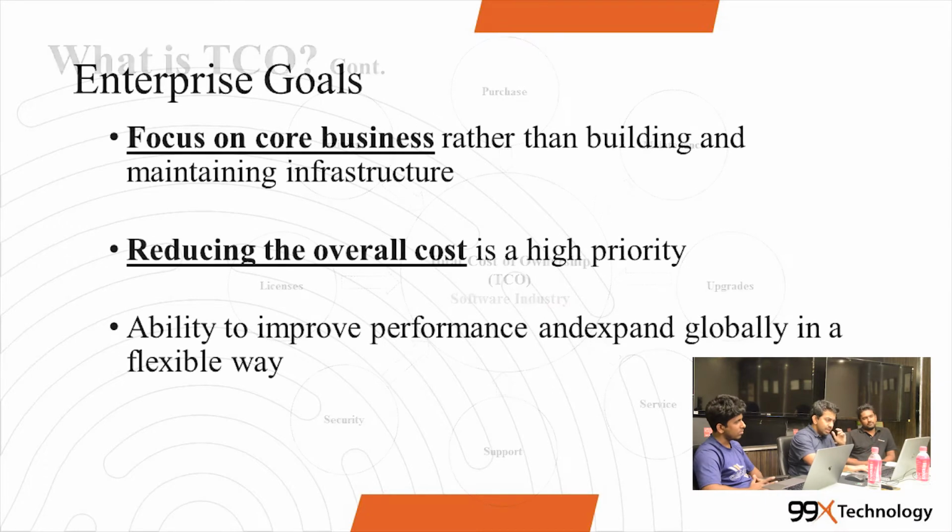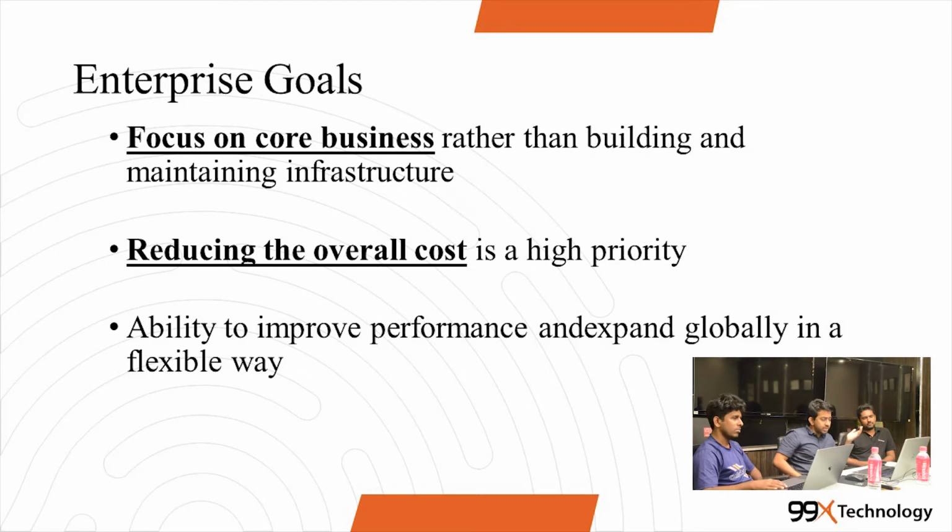So basically, when it comes to an enterprise, whatever the enterprise, a private enterprise, the main goal for a particular enterprise or business is that they have to focus on their core business, and they have to make some profit out of that. So when it comes to the software world, there's this trend of people moving into the cloud and provisioning, infrastructure as a service and platform as a service coming up.